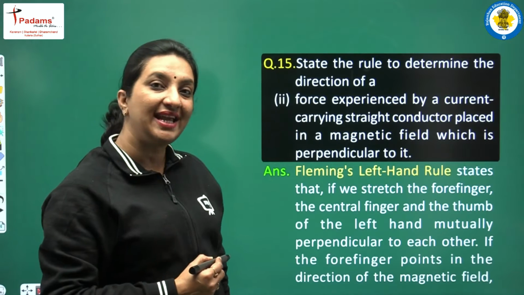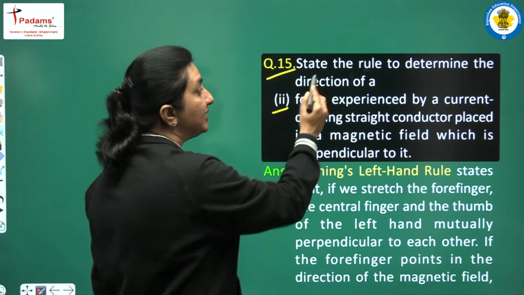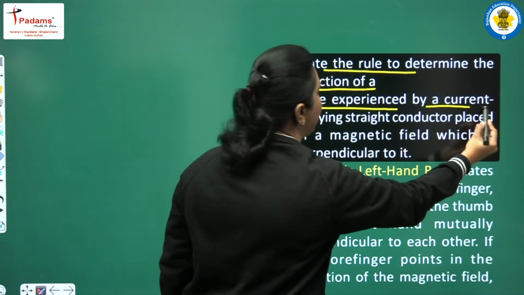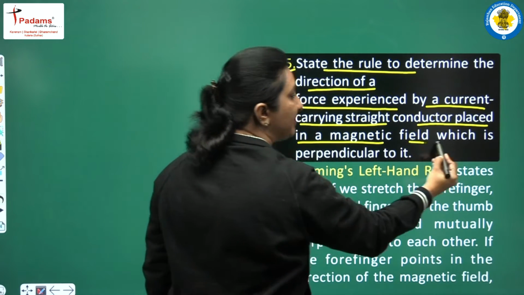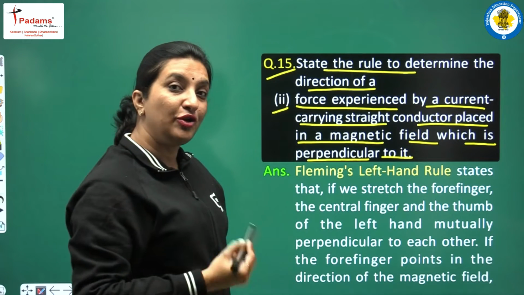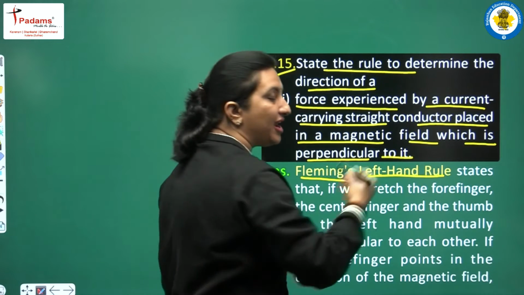Now, let us see the next part. Question number 15, part 2. State the rule to determine the direction of a force experienced by a current carrying straight conductor placed in a magnetic field which is perpendicular to it. We know, students, that the rule is Fleming's left hand rule.